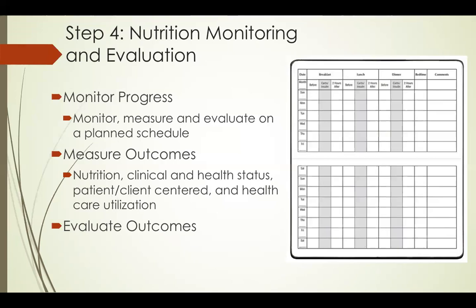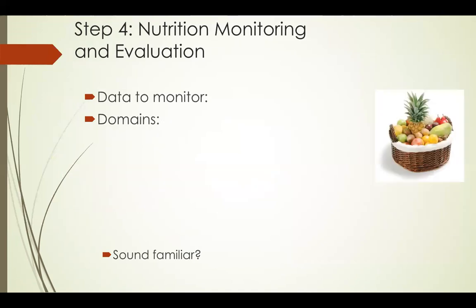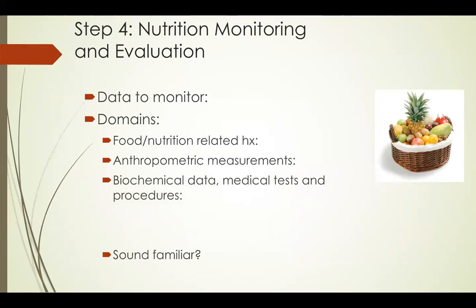So monitoring and evaluation is the last step of the nutrition care process, and you actually can monitor and evaluate every single domain from nutrition assessment. So all of those domains that we first measured in nutrition assessment, we're going to use again in the monitoring and evaluation. Did their anthropometrics change? Did the nutrition-focused physical findings change? Did medical tests or labs change, etc.?